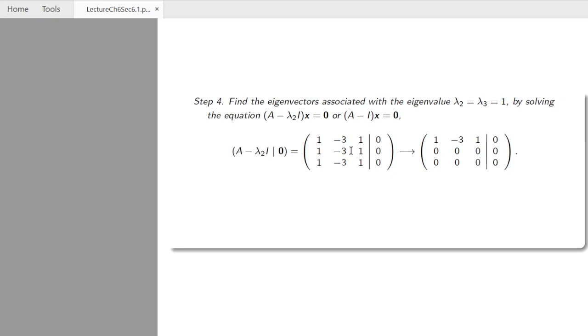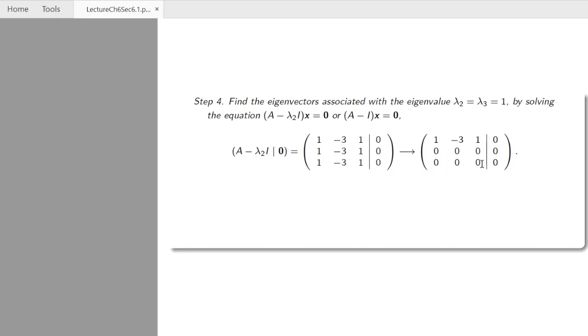And then this one we can easily use elementary row operations because from this we can say the 3 rows actually are the same, so we can simply take away the first row from the second row. We got the second row 0. Do the same thing: from the third row, we take away the first row. We got the third row 0.